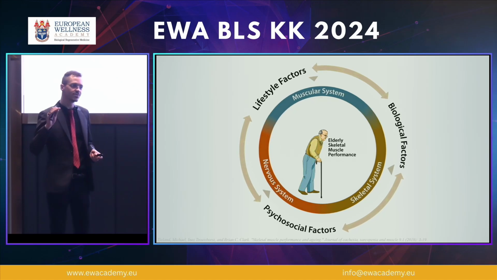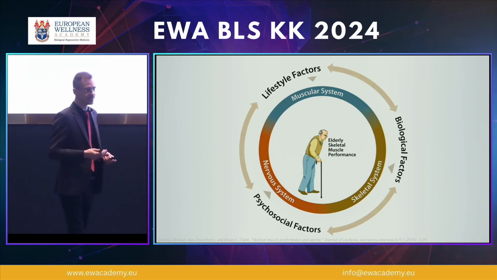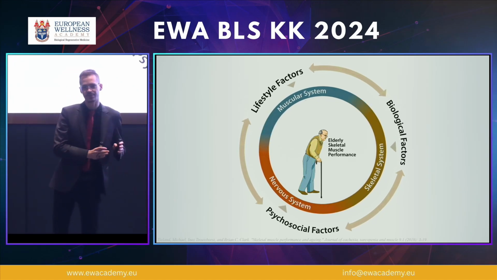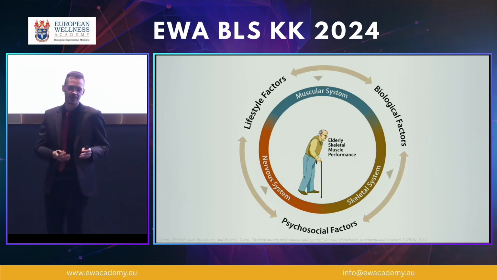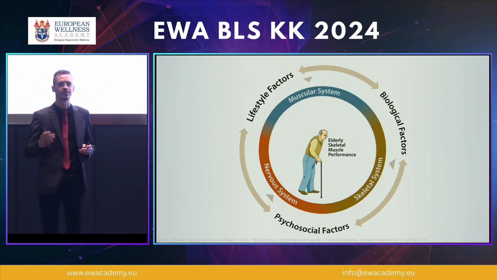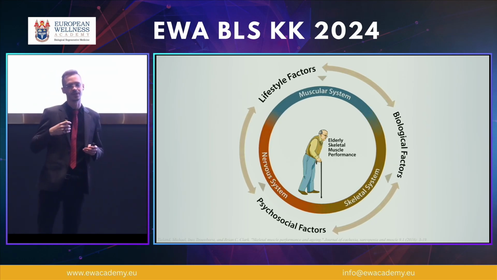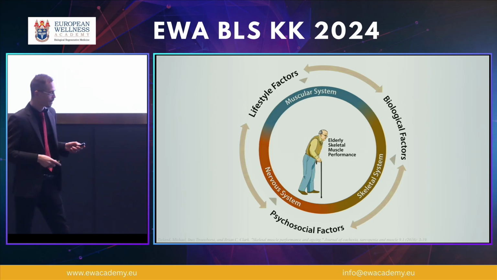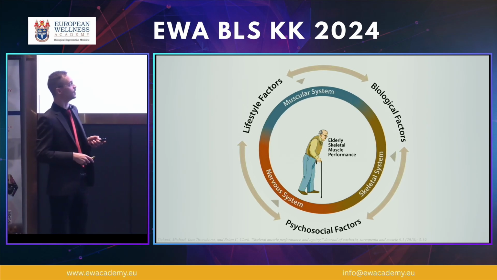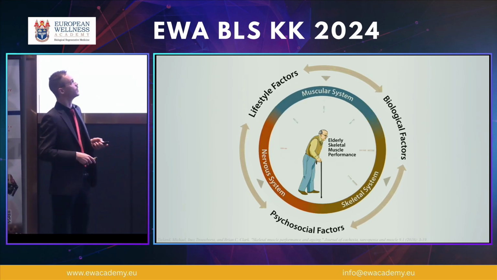Let's even get rid of psychological factors, just the social factors. These are factors that are even above our tissue or our body, but they should be taken into account as well.